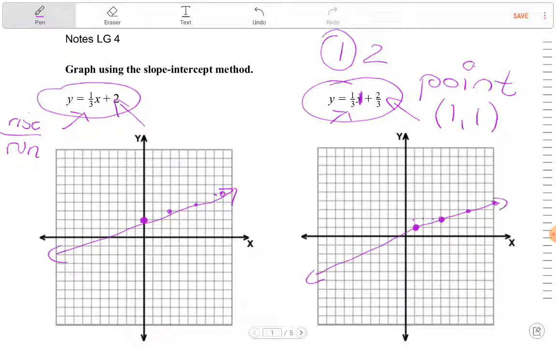I'm going to do it as best as I can here on the computer. And now you can see the y-intercept is about 2/3. My line is not completely straight. So anytime that you have an equation given where you have both fractions, your y-intercept cannot be graphed correctly, so you have to find an additional point.